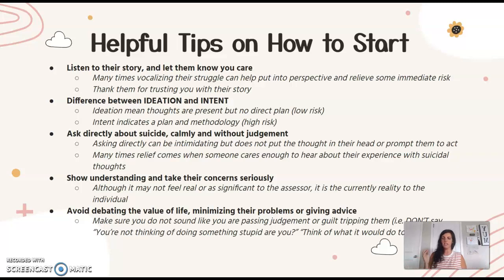Not that that's necessarily going to fix or take away the thoughts of wanting to harm themselves. However, it might relieve the crisis and the intensity of it enough to get them to long-term care. So just giving a safe space for them to talk about their story and how they're feeling is really the posture you want to take.